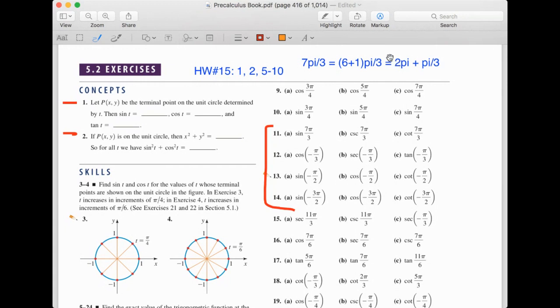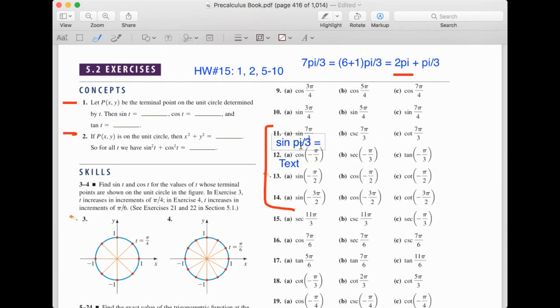So now we get an even pi, so we can ignore this 2 pi. So the terminal point for 7 pi over 3 is the same as pi over 3. That means sine 7 pi over 3 equals sine pi over 3.